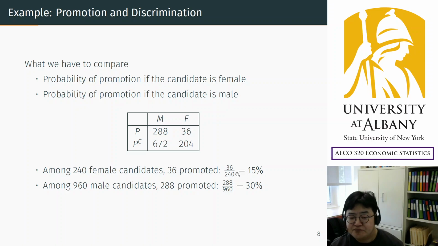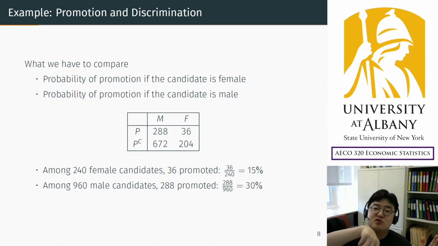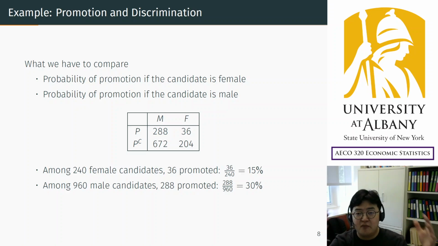Meanwhile, if you take the pool of male candidates, there are 960, a much larger pool, and given that pool, you choose one random candidate only among male candidates. Then you can calculate the probability: 288 were promoted out of 960 candidates, whose ratio is 30%.